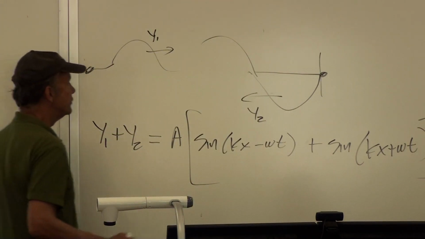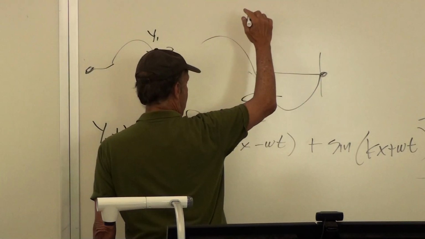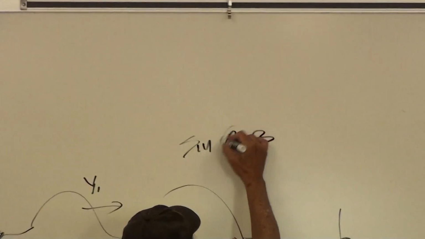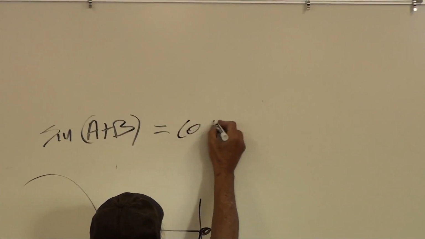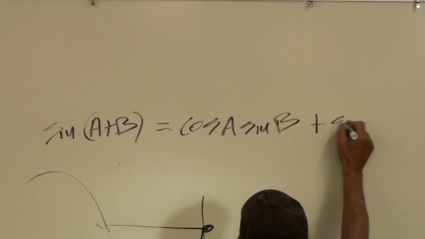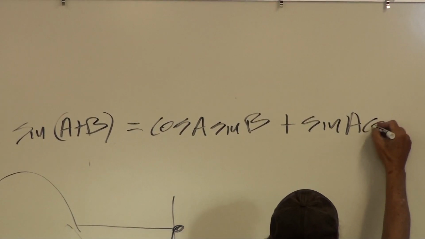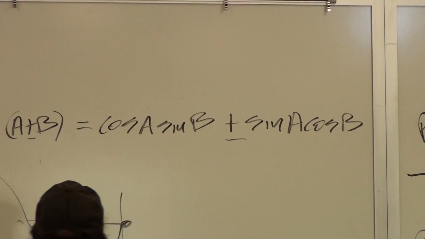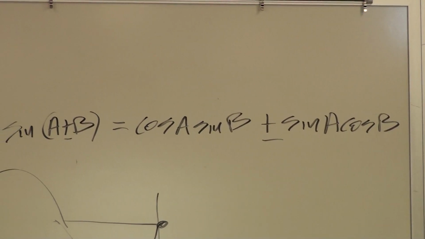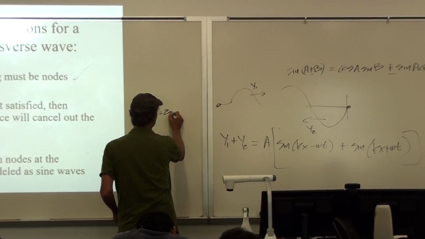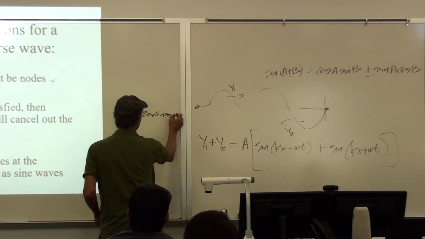And then we can use a trig identity: sine of A plus B is equal to cosine A sine B plus sine A cosine B. I don't memorize this. All I have remembered is that the sine of 2 theta is equal to 2 sine theta cosine theta.